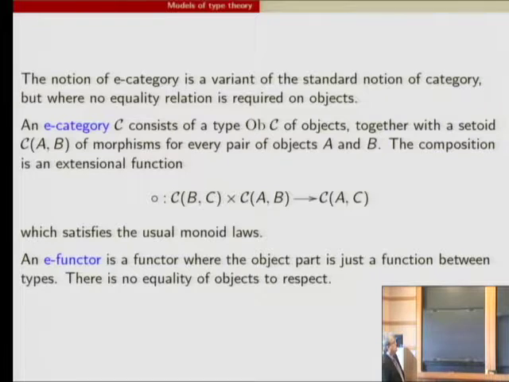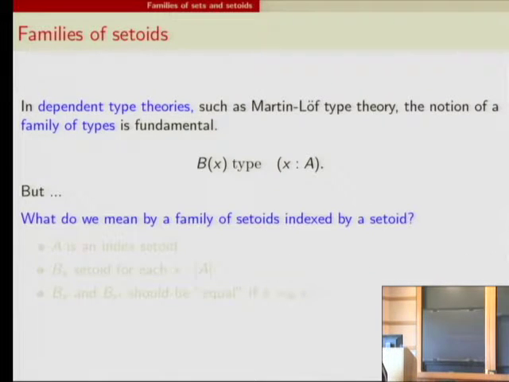This E category will have the objects, the types, and the morphisms will be the equality relation between A and B. It should have an equality relation, and we identify any two proofs of that, any two proof objects that A is equal to B. That will give us our A sharp.